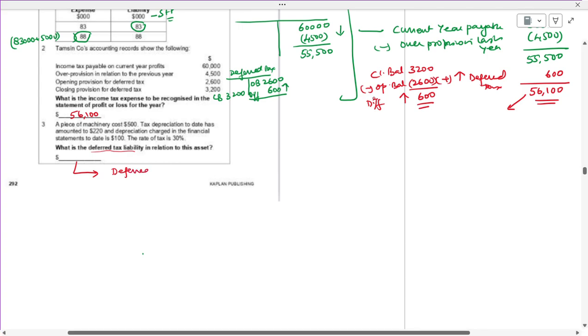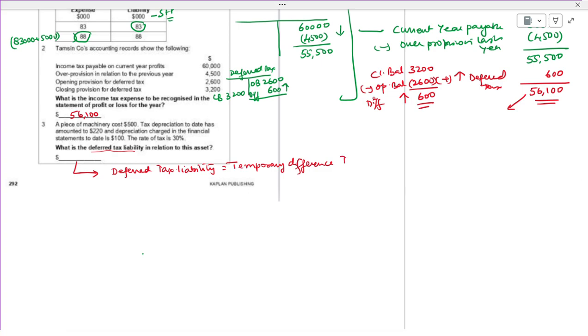What is the formula for deferred tax liability? Deferred tax liability is equal to the temporary difference times the tax rate.